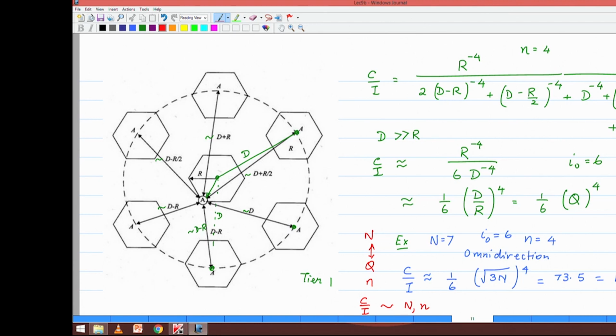And in noise limited systems, a higher n was your enemy, correct? Higher n was the enemy, because the signal faded away much faster, and therefore your cell sizes shrank, and therefore the cost of your system increased. What happens in a C over I situation? If your path loss exponent increases, what happens? C over I is D by R raised to the power n.